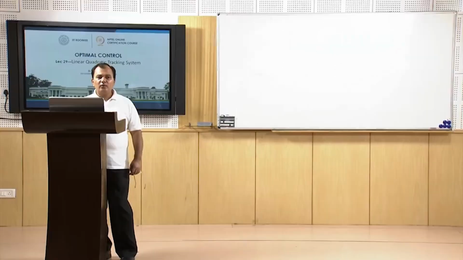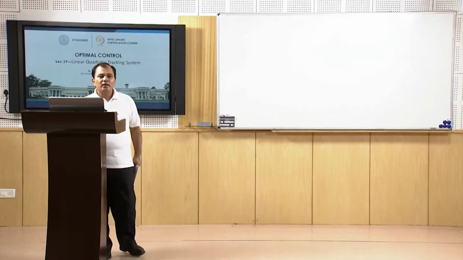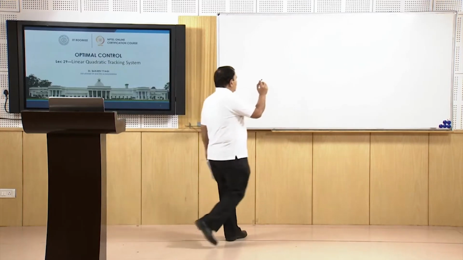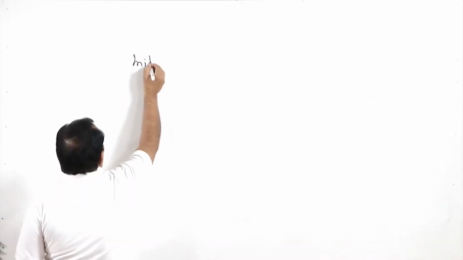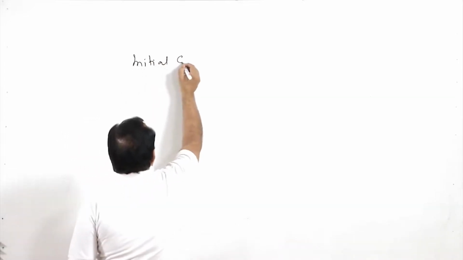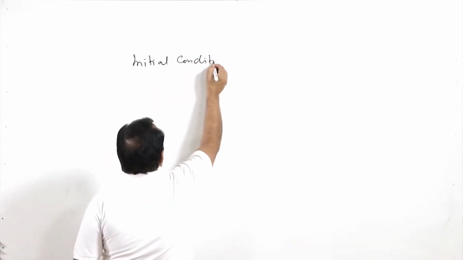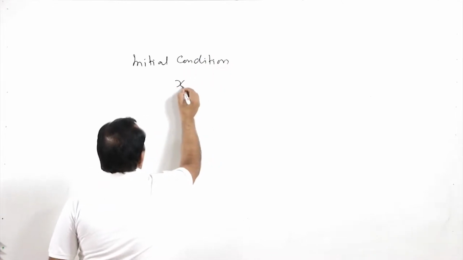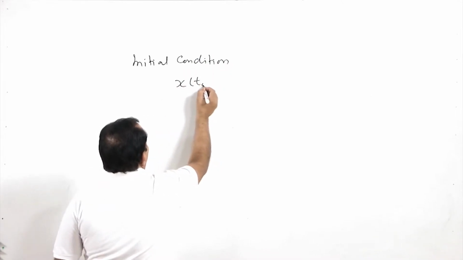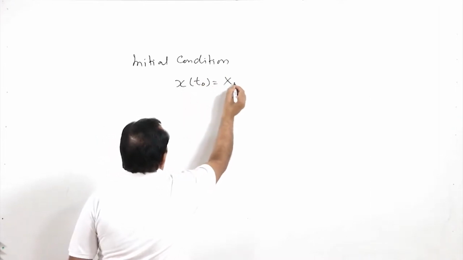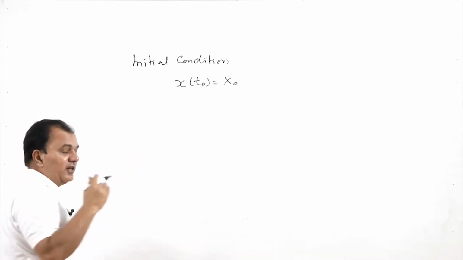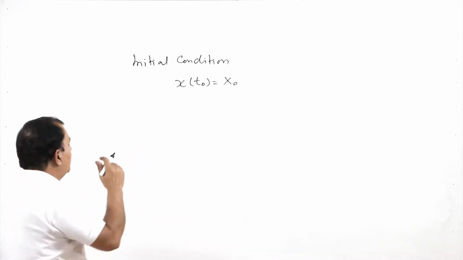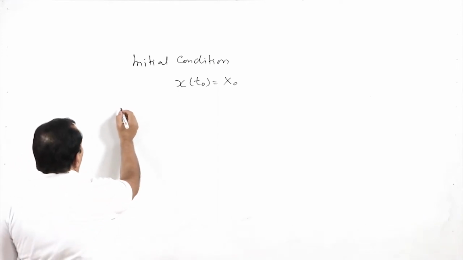So, with these equations I am given the initial condition x of t0, let us say x0, and to solve this I also need another boundary condition, which we can find out from the terminal condition.